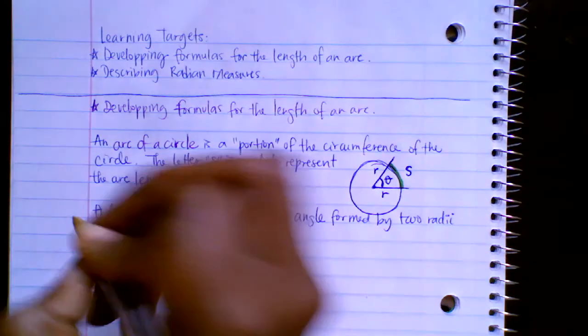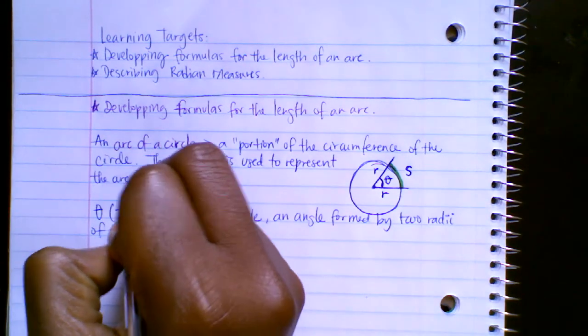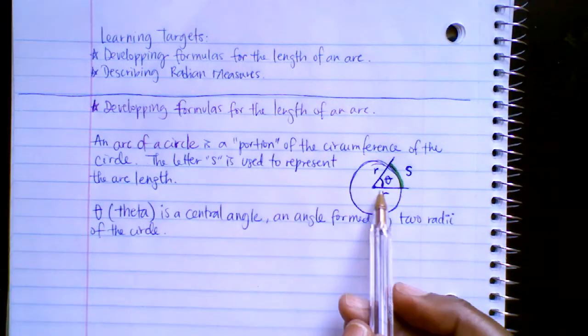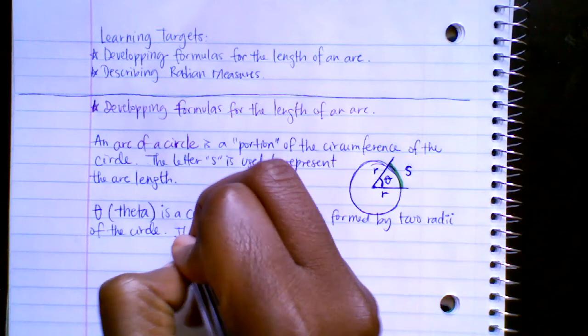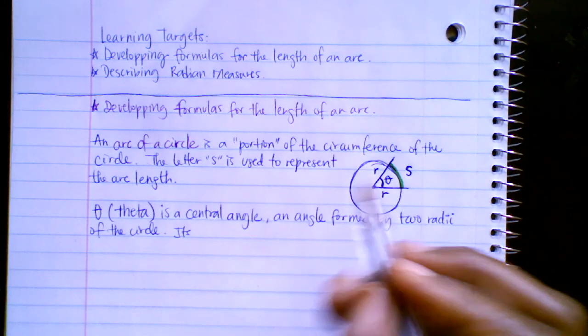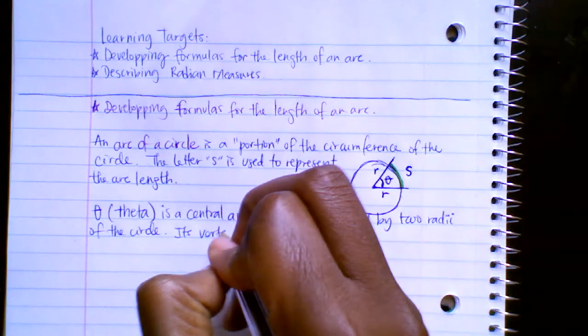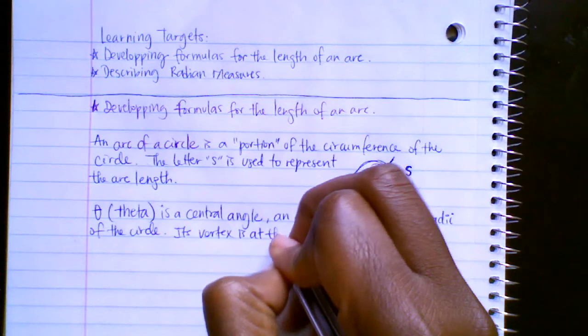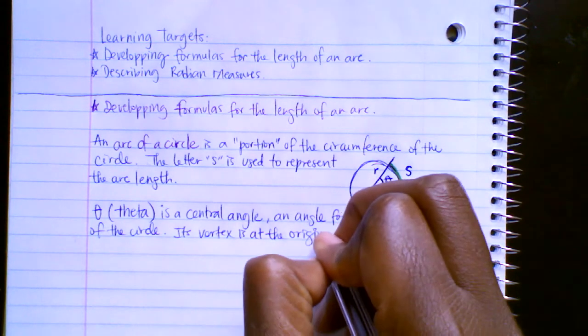So its vertex is at the origin. The vertex of the angle, its vertex is at the origin.